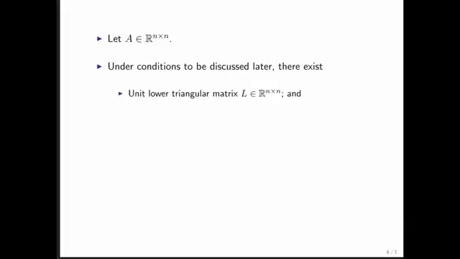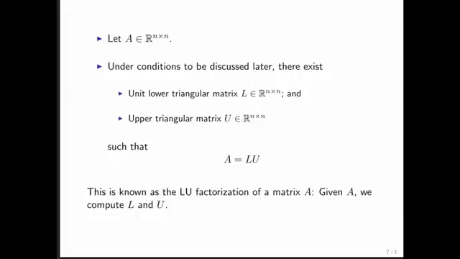So if you start with matrix A, then under some mild conditions, which we'll discuss next week, there exists a lower triangular matrix L, actually not just a lower triangular matrix, a unit lower triangular matrix L, and an upper triangular matrix U, so that A can be written as the product of matrix L with matrix U. Why this is significant will become clear towards the end of this discussion.